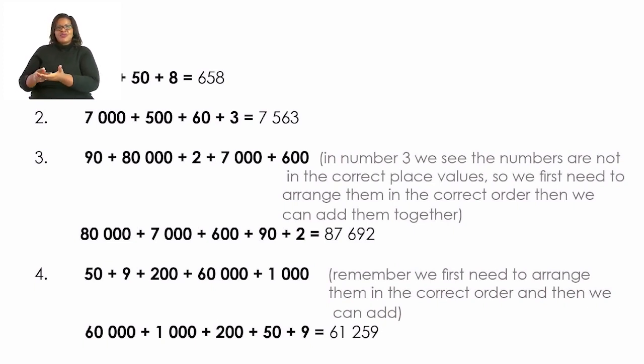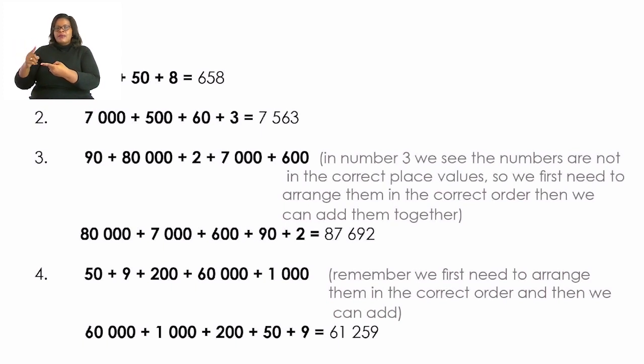So what we need to do first, we need to first arrange them in the correct order, and then we can add them together. So we're going to arrange them from the biggest number to the smallest. So our first big number is 80,000 plus 7,000 plus 600 plus 90 plus 2.